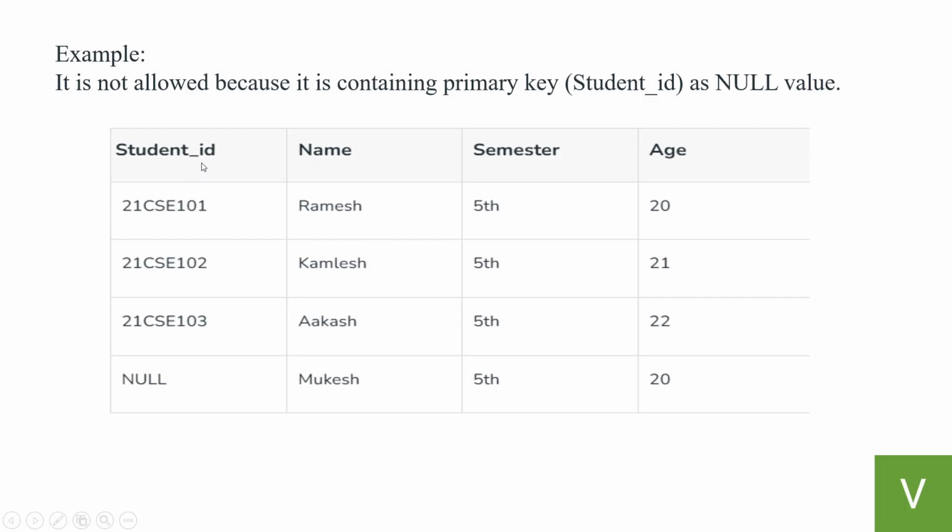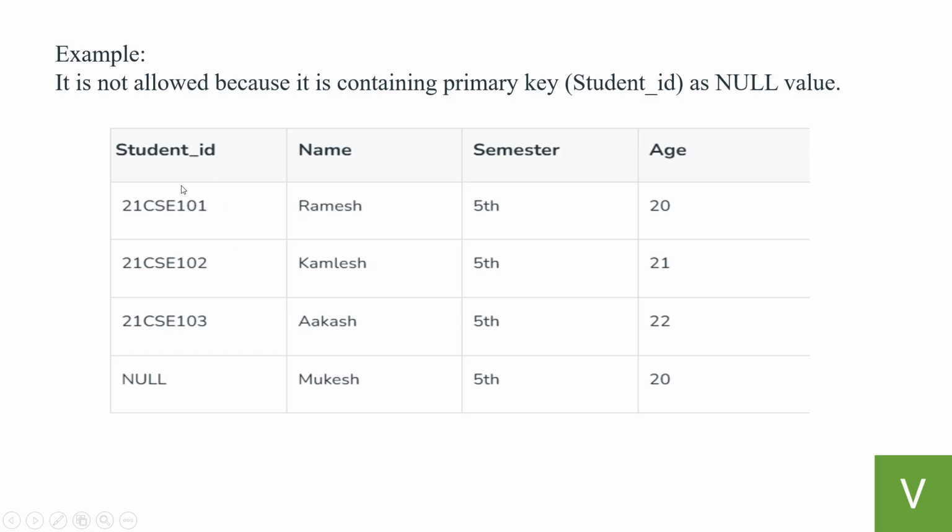In this, let us consider student ID as a primary key, because the student ID represents the entire values of Ramesh of 5th semester and his age. Similarly, the student ID of 102 represents name, semester and age. And similarly, the third and fourth records also.